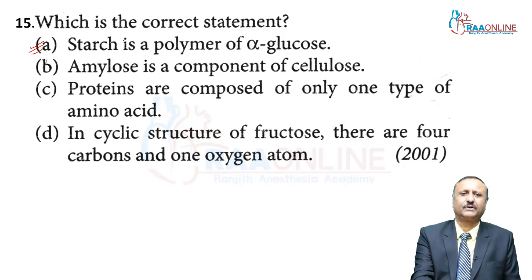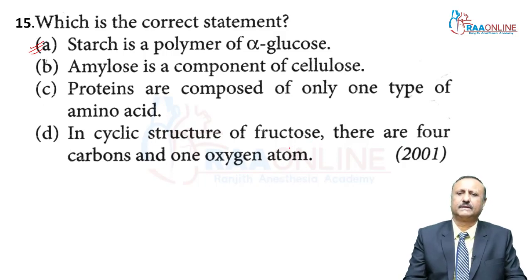So, we need not go to options B, C and D, but after that we can see: amylose is a component of cellulose, no, amylose is a component of starch. Proteins are composed of only one type of amino acid, no, two types, D and L form, and in the cyclic structure of fructose there are 4 carbons and 1 oxygen atom. No, here in fructose the formula of fructose is C6H12O6, that is why 6 carbon atoms are present.